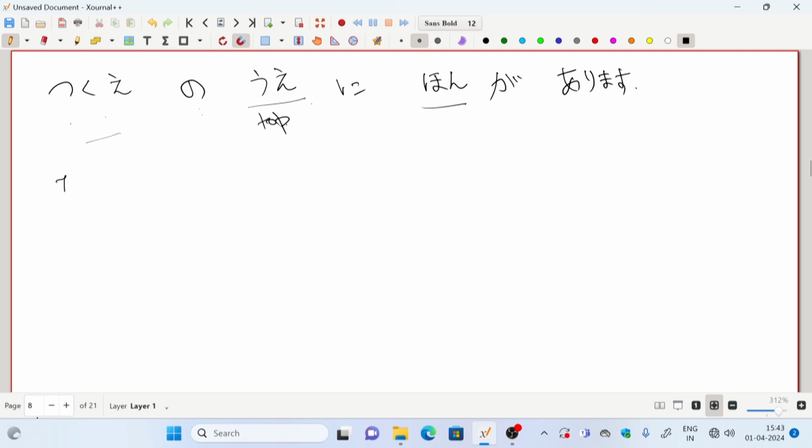Suppose we want to say there is a cat under the chair. Chair is isu.